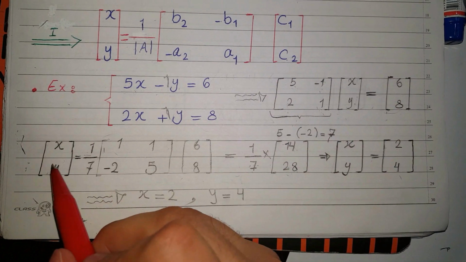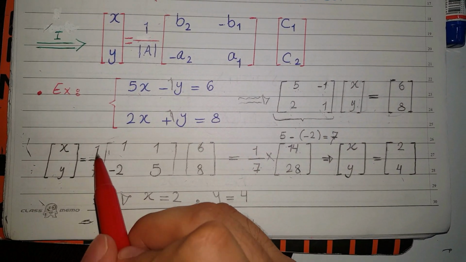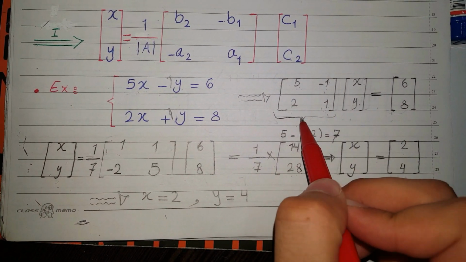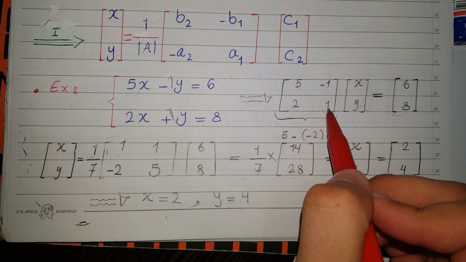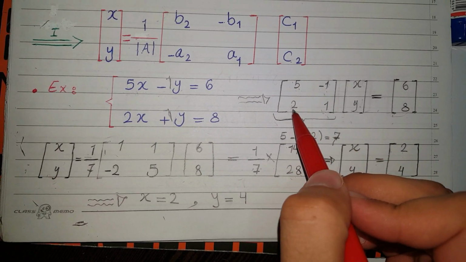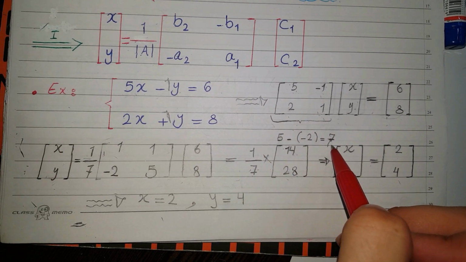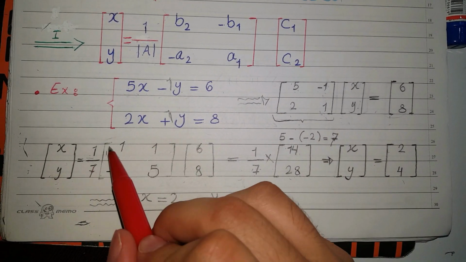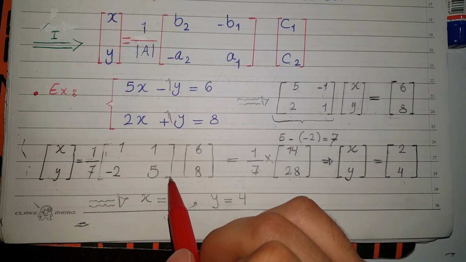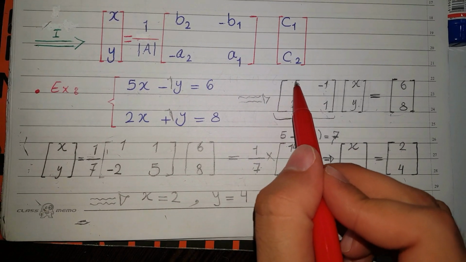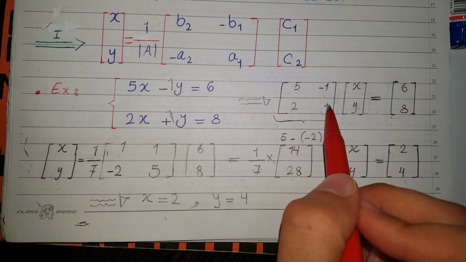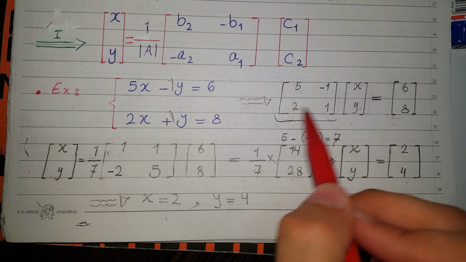So x and y is equal to 1 over the determinant of this matrix, which is 5 times 1 minus -1 times 2, which is 5 plus 2, overall 7. So 1 over 7 times this matrix: we switch the entries in this diagonal, it was 5 and 1, so it's going to be 1 and 5 here.